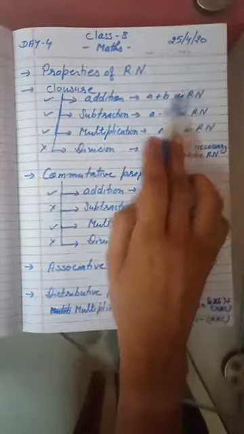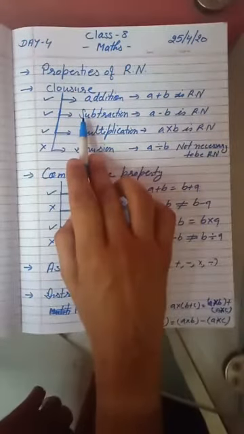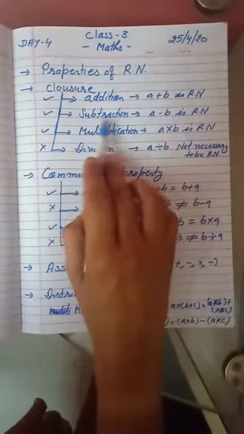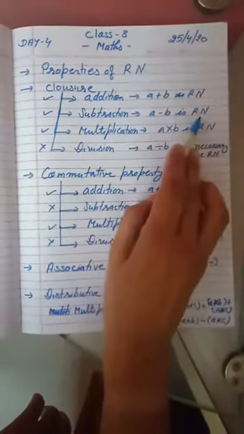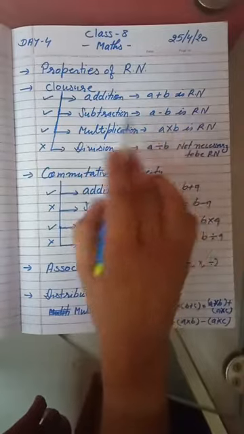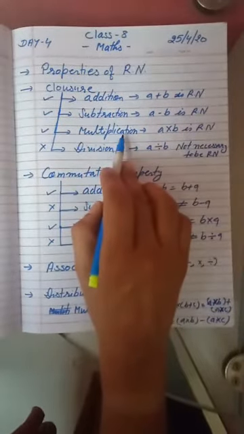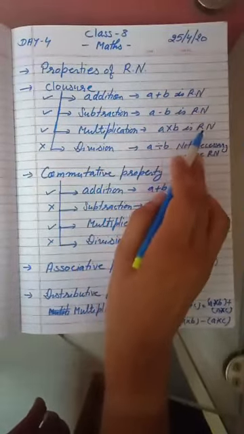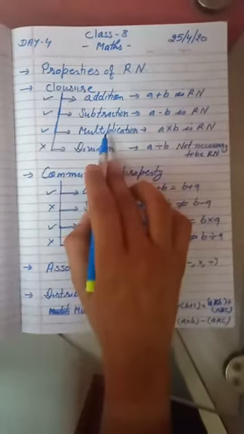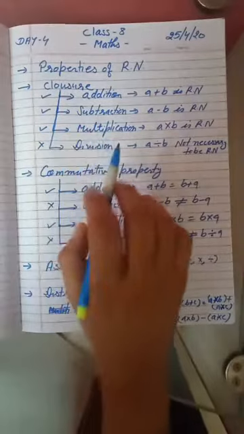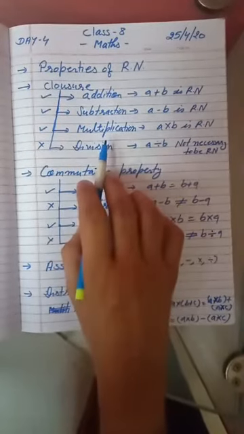The second operation is subtraction: if we subtract any two rational numbers, the result is a rational number. If we multiply any two rational numbers, the result is a rational number. Definitely these three operations are closed under addition, subtraction and multiplication.